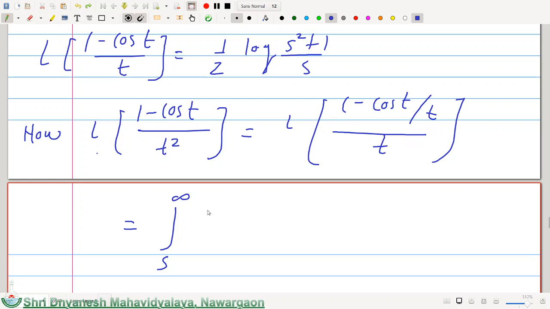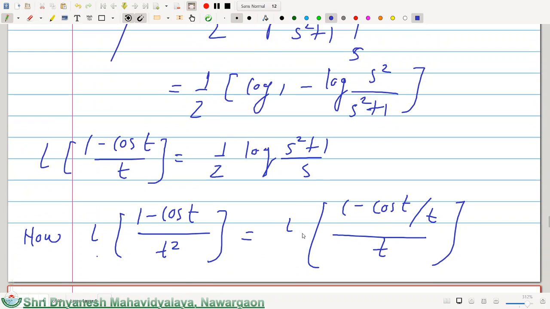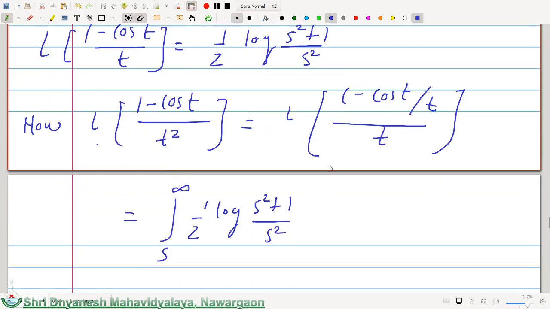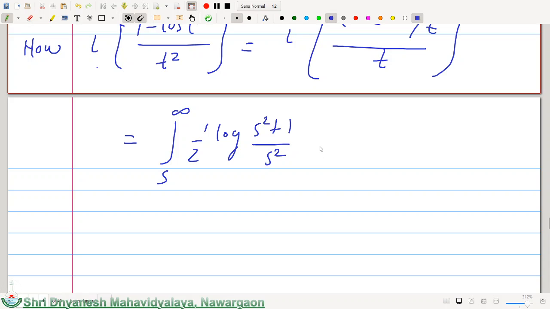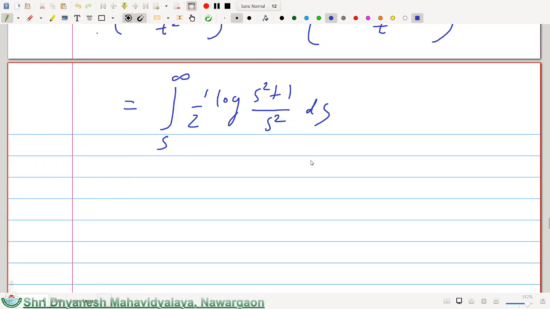So write that transformation here, 1 by 2 log of (s square plus 1 upon s square). I have missed s square here. ds. So next step, there is an integration, take 1 by 2 out of the integral sign, so you have to integrate log of (s square plus 1) upon s square. Take the help of integration by parts while evaluating this integration.